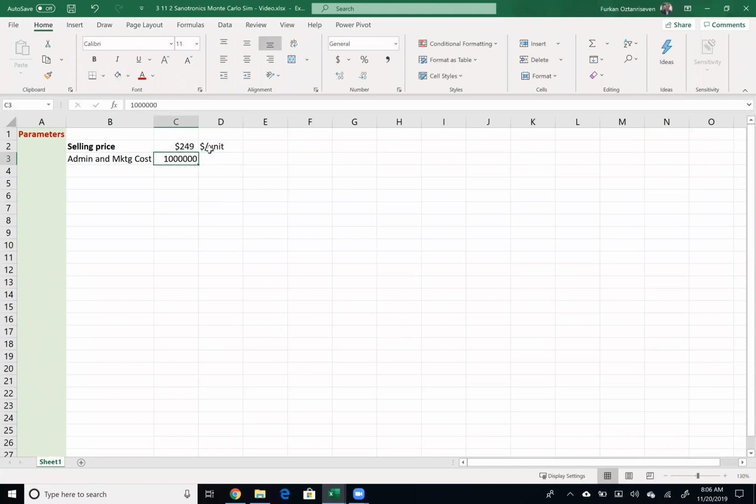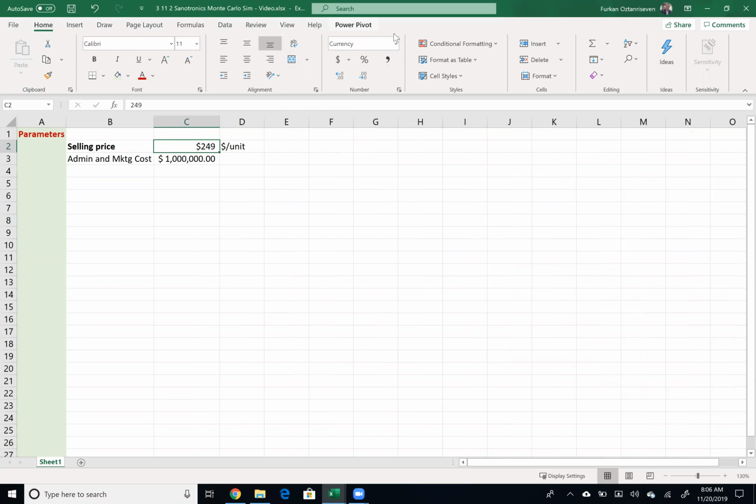Okay, 6 zeros. All right, so this is the fixed cost, and this is a variable price that I generate revenue based on. And this number is dollars per year.